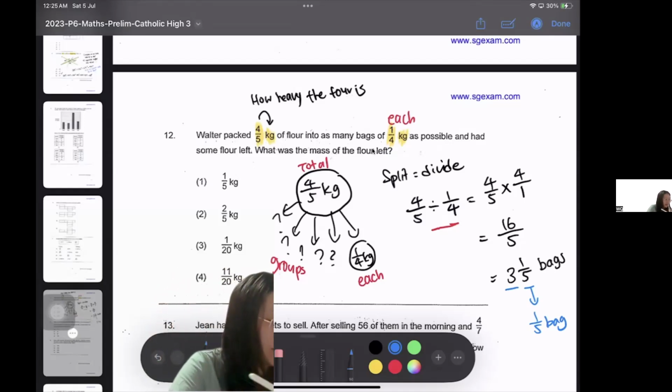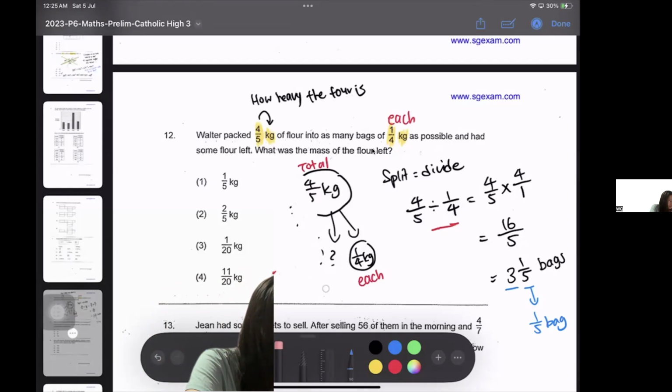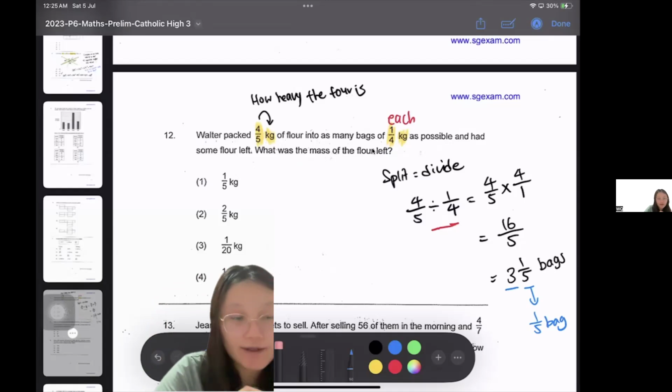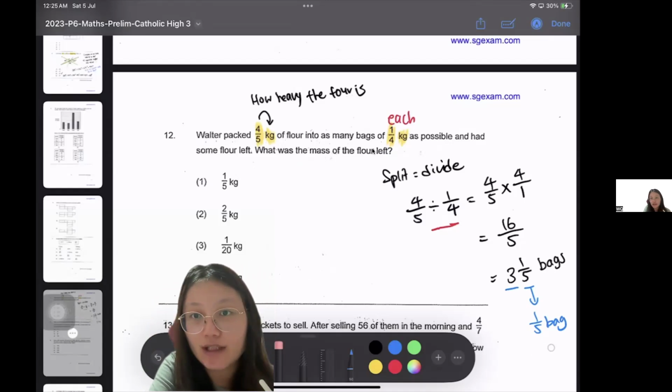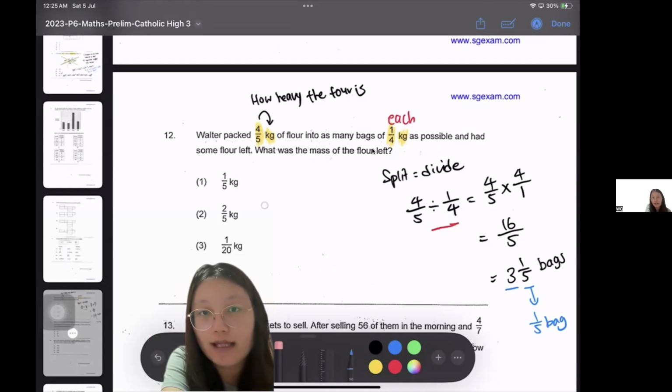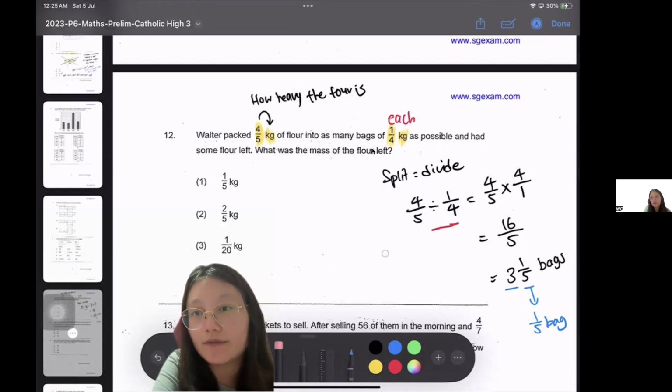Let me just erase this one in front first. You see your units are super important, because if it was 1/5 kg over here, then you can immediately put your answer as 1/5 kg. But it is not 1/5 kg because this is 1/5 of a bag.